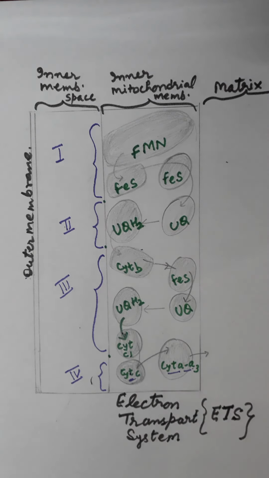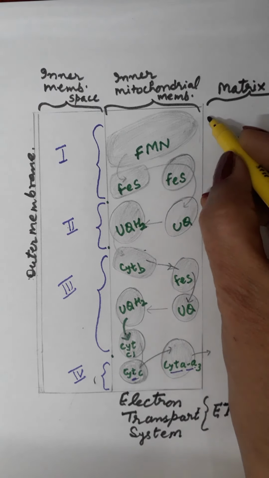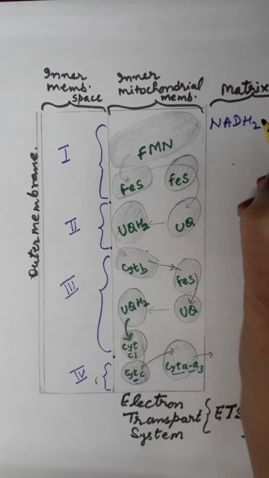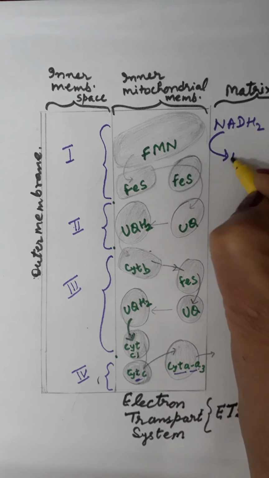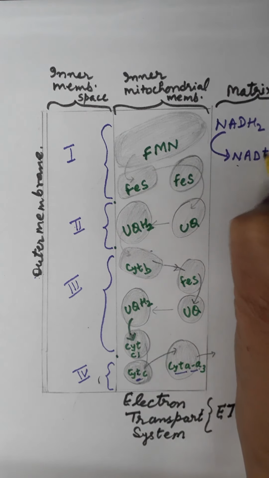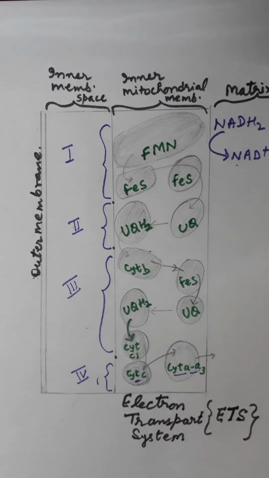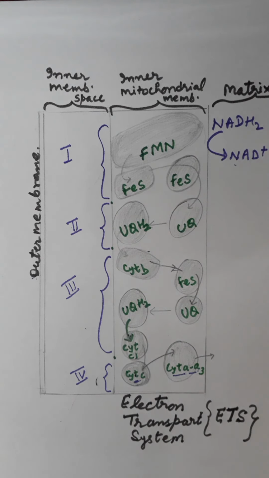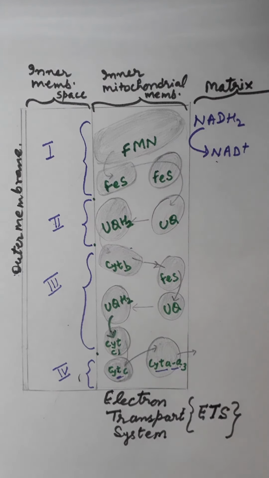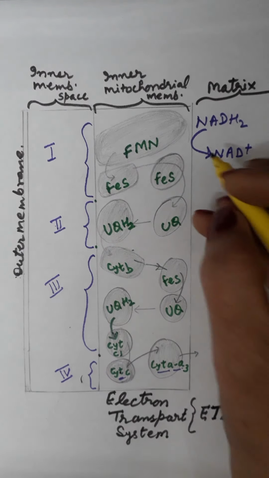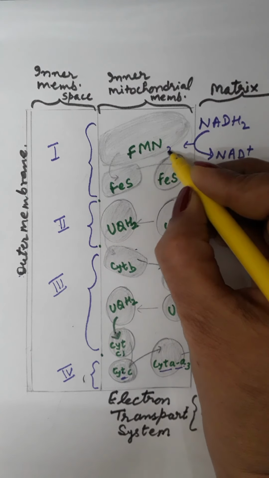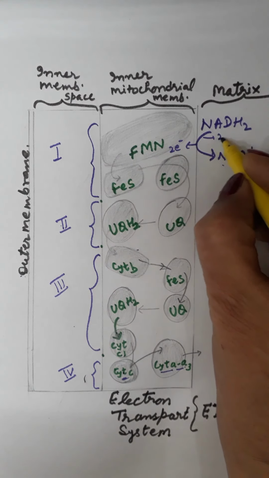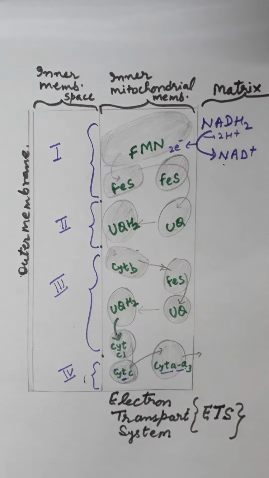Inside the matrix, NADH2 is oxidized into NAD plus in the presence of the enzyme NADH dehydrogenase. When it is oxidized, it also releases two electrons and two protons.